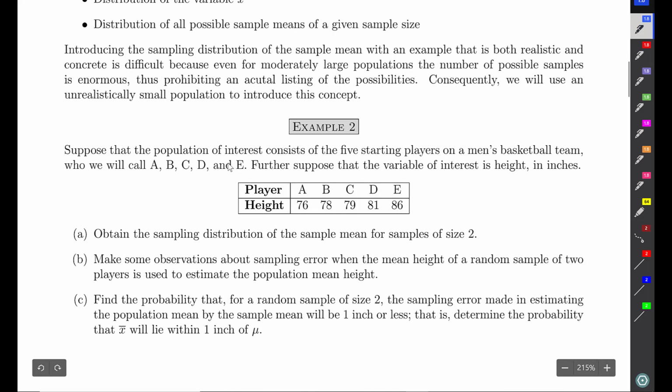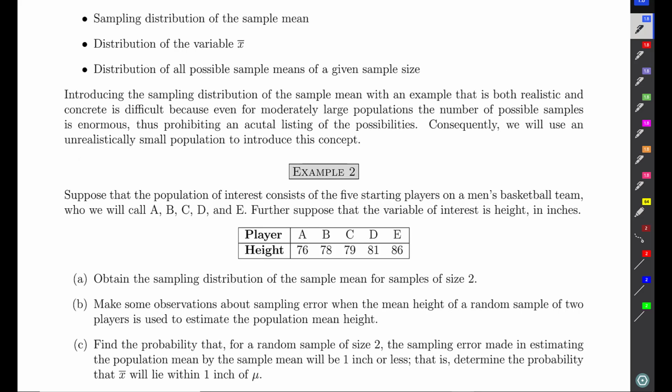This is a very small population that we're going to use because it's probably better to understand it with a smaller population first, and then we can go on to a larger population. With the 5 players on the basketball team, we have their heights, and that is the variable of interest. So our population is these 5 players specifically, and our variable is the height of these players.